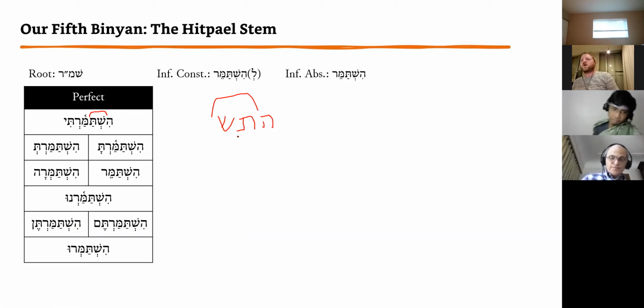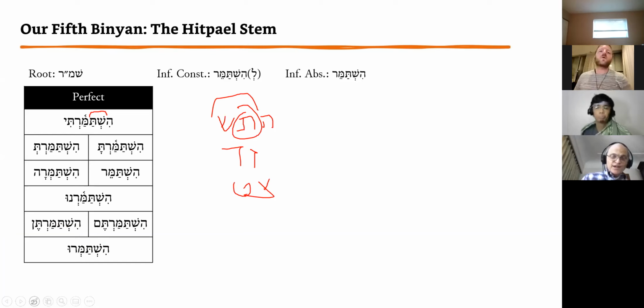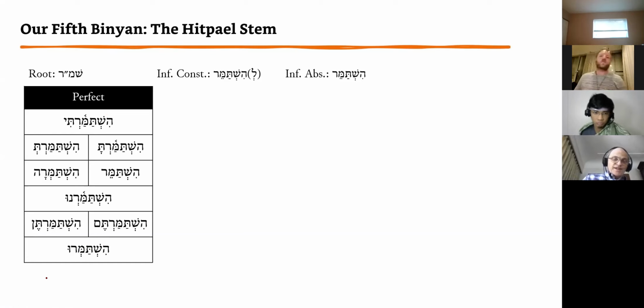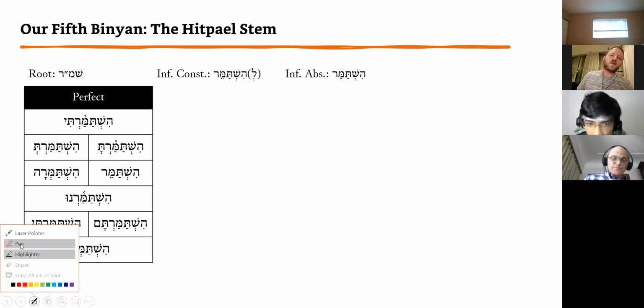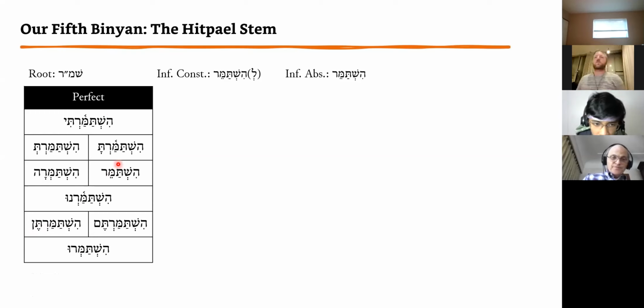Not only do they trade places, if it's zayin, then the tav becomes dalet, and if it's tzadi, the tav becomes tet. We'll go over that in a few minutes. I didn't give an example later on of tzadi to tet, but I'll point one out.